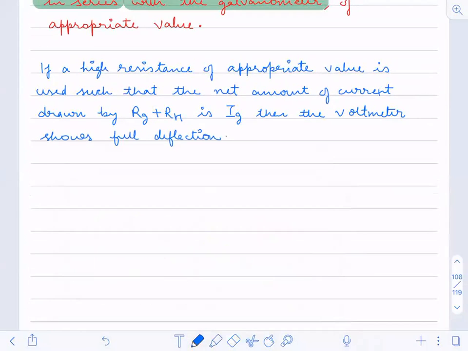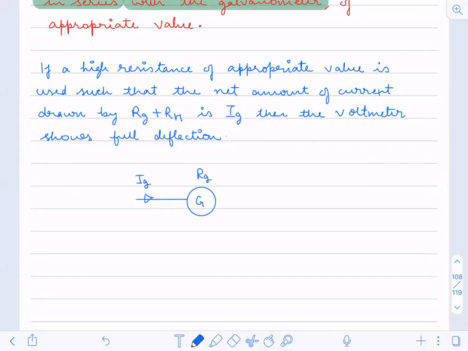Suppose we have a galvanometer. It has its own resistance, Rg, and its full deflection current is Ig.